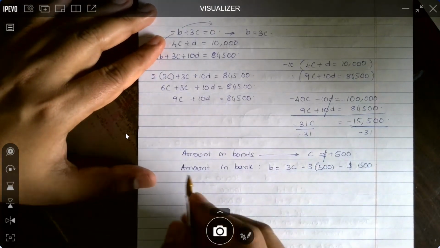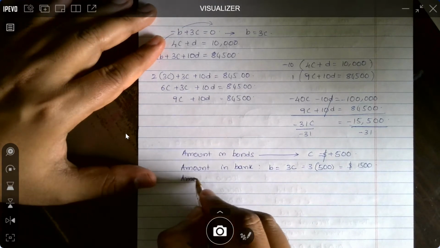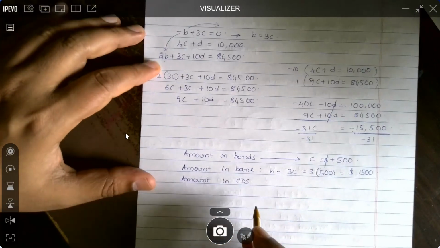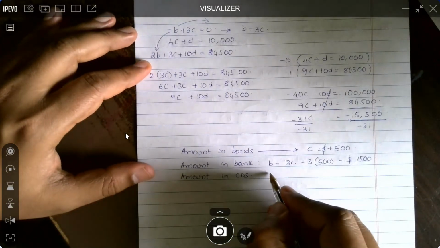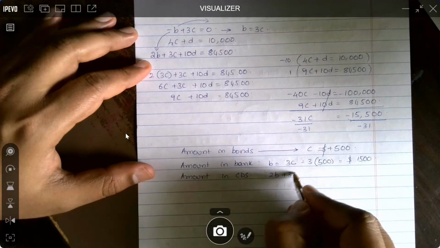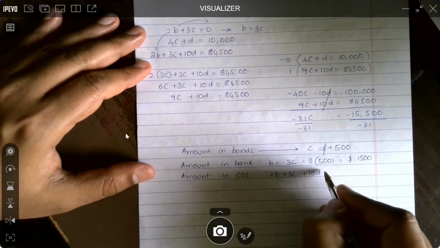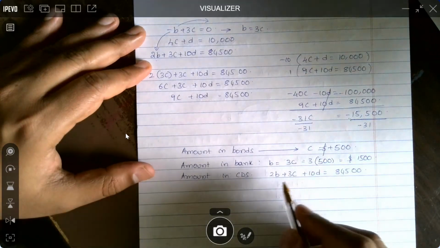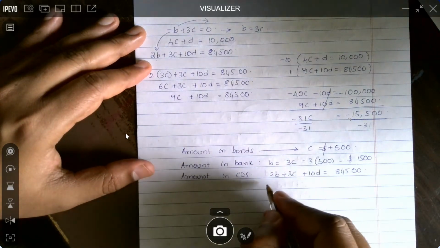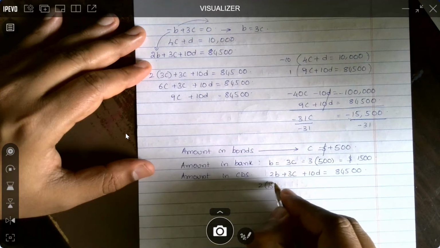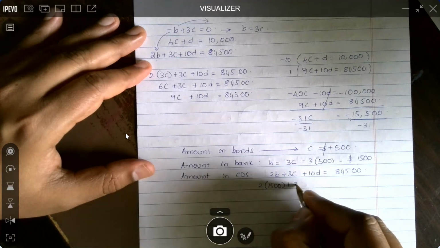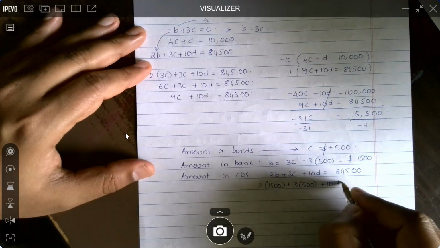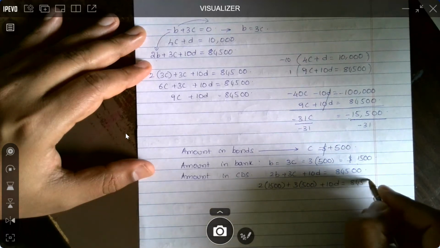The last thing is the amount invested in CDs, and that's going to come out of this equation, 2B plus 3C plus 10D is 84,500. So 2B is 2 times 1,500, 3C is 3 times 500, plus 10D is 84,500.